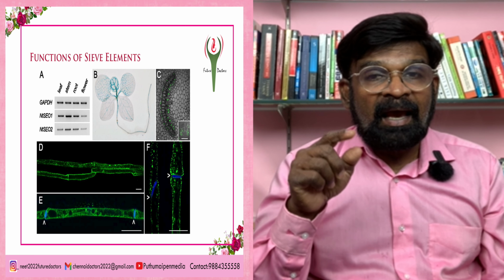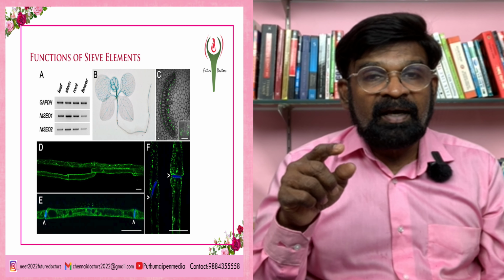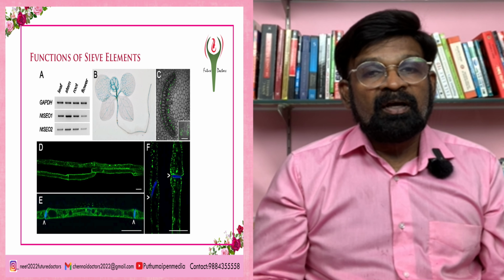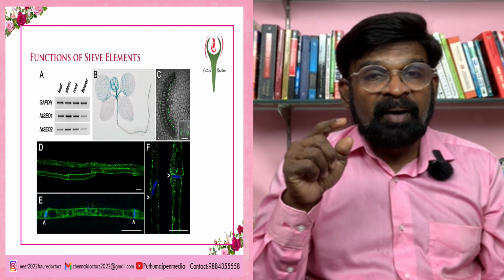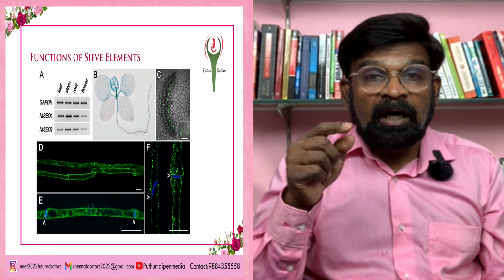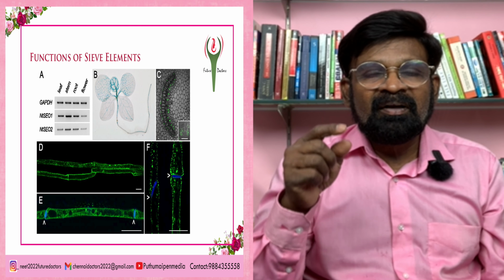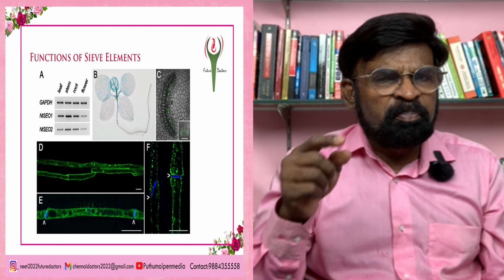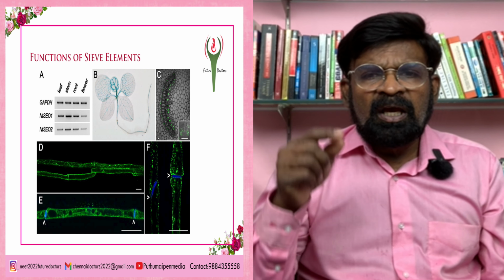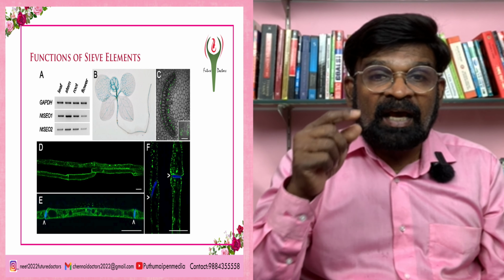Companion cells are absent in the phloem of pteridophytes and gymnosperms. Function of companion cells: the companion cells in association with phloem parenchyma play an important role in the maintenance of pressure gradients in sieve tubes during food transport.